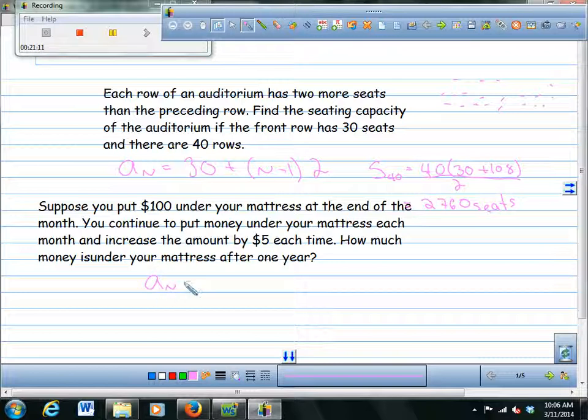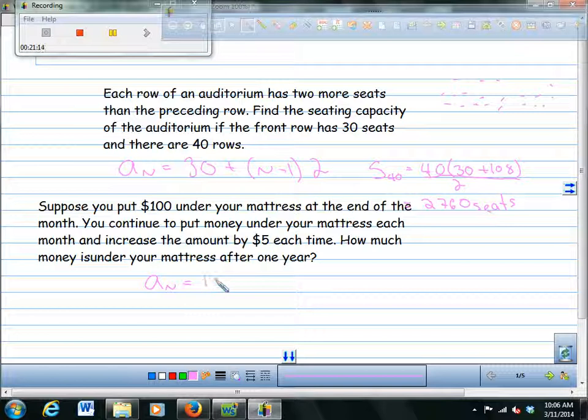The amount is equal to 100 plus n minus 1 times 5. So in a year, you do this how many times? 12 times. So S sub 12 is equal to 12 times 100 plus, on the 12th month it'd be 12 minus 1 is 11 times 5, which is 55.